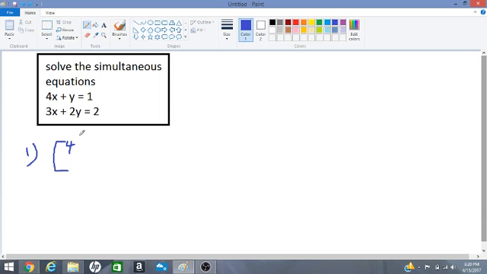If you don't see a number, then the number is 1. Taking out the 3 from in front of the x, taking out the 2 from in front of the y here. Now we have our matrix of our unknowns x and y.